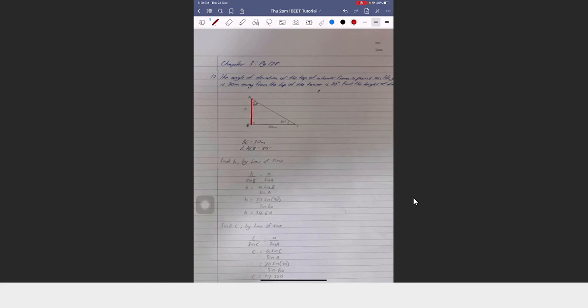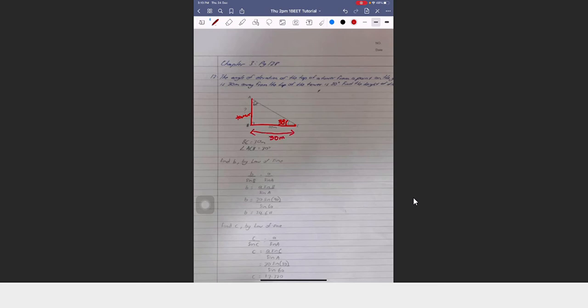Then you have some point here, and this is the ground. You have the angle of elevation here, 30 degrees. And the distance from the tower is 30 meters.